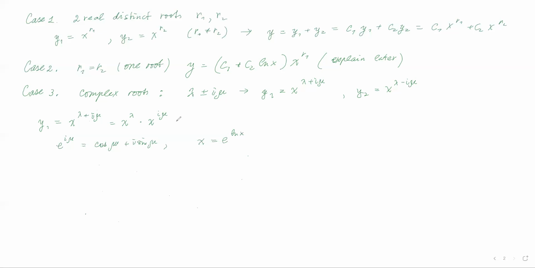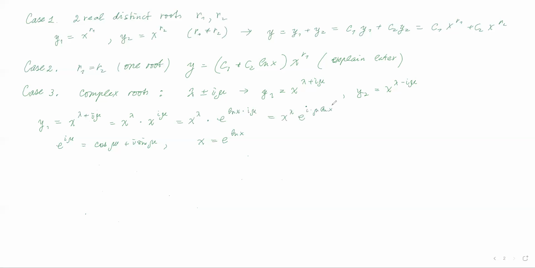So now I'm going to keep my x to the power of lambda. And instead of x to the power of i mu, I'm going to write down e to the power of ln of x multiplied by i mu. Now I can use my formula. Just my mu here is not going to be just mu, but it's going to be the whole thing, like mu ln of x. So I'm going to have x to the power of lambda, e to the power of i mu ln of x.